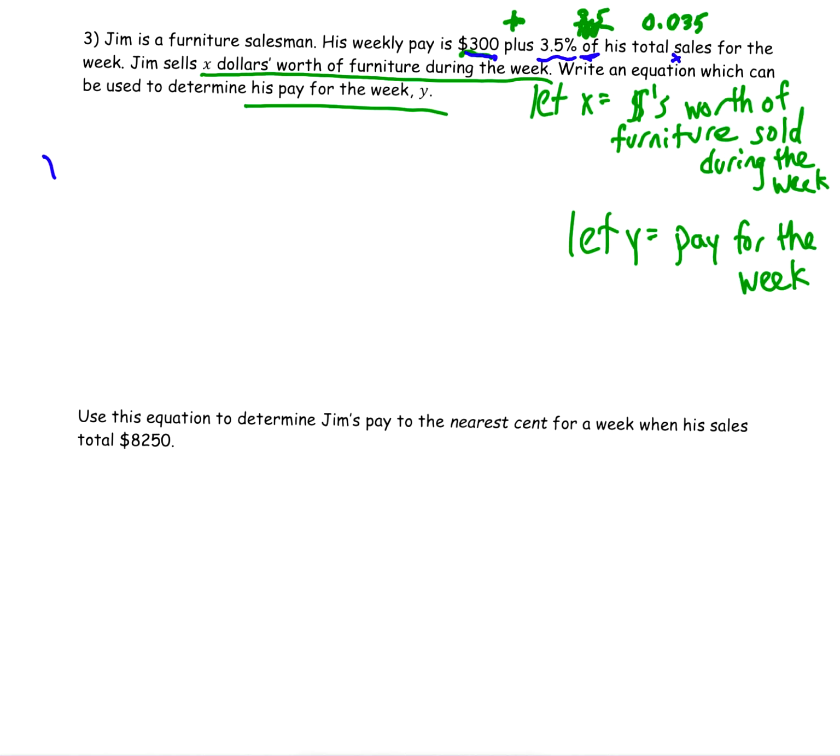So y equals. It's going to be exactly where it says his weekly pay is 300 plus 3.5%, which would be 0.035 of his total sales, which is x, times x. That's going to be our equation.